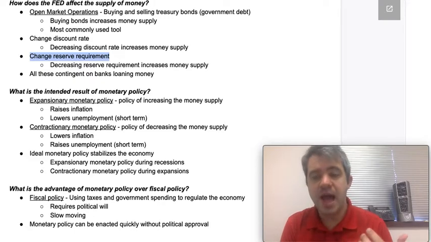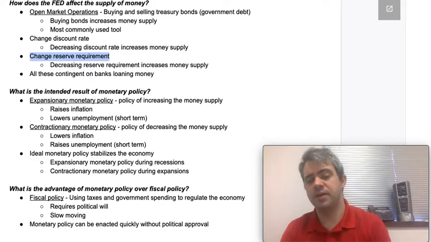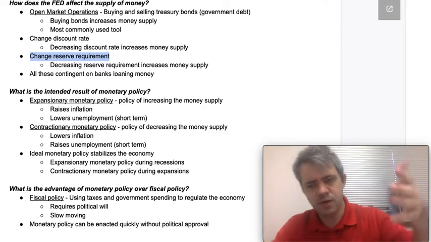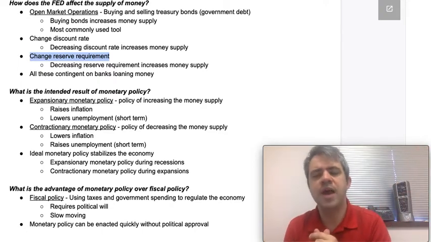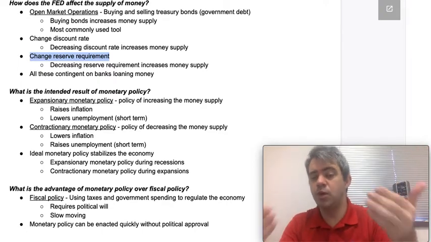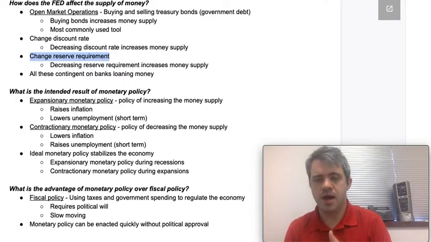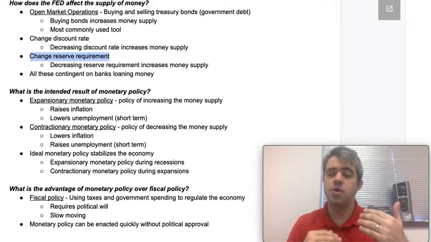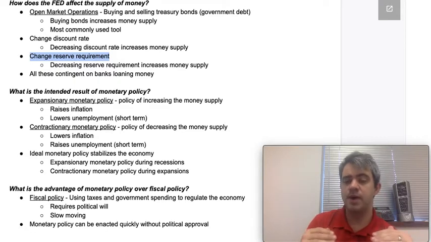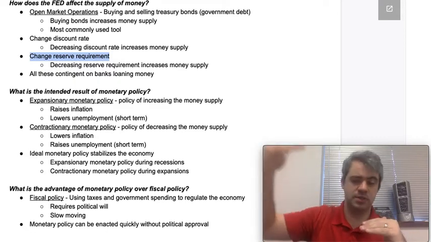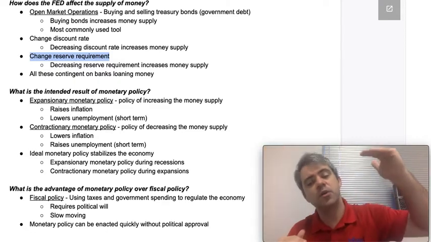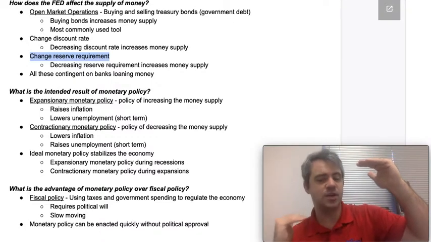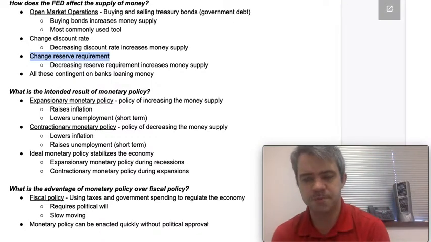And we can do the same thing by increasing the reserve requirement. We go, hey, you've got to keep more money on hand. So now they have to loan less money out. So again, decreasing the reserve requirement increases loans and increases the money supply. Increasing the reserve requirement decreases the amount that they're able to loan.